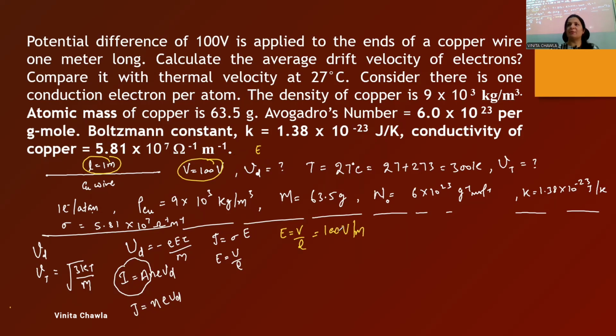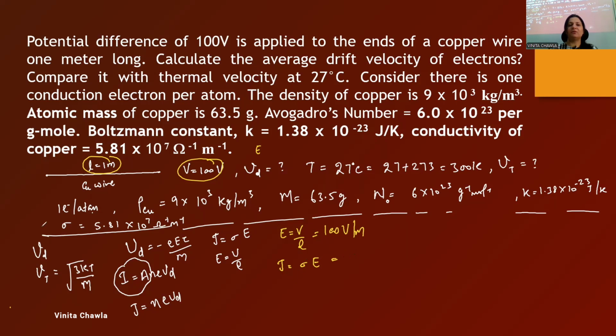One task done, we have come one step ahead. Now in the next step, sigma is conductivity, it is given. Electric field intensity we have just found out. So we can write J is equal to sigma E. We can find current density. Yes. What will the current density be? Put the value of sigma. Sigma is, where is it?